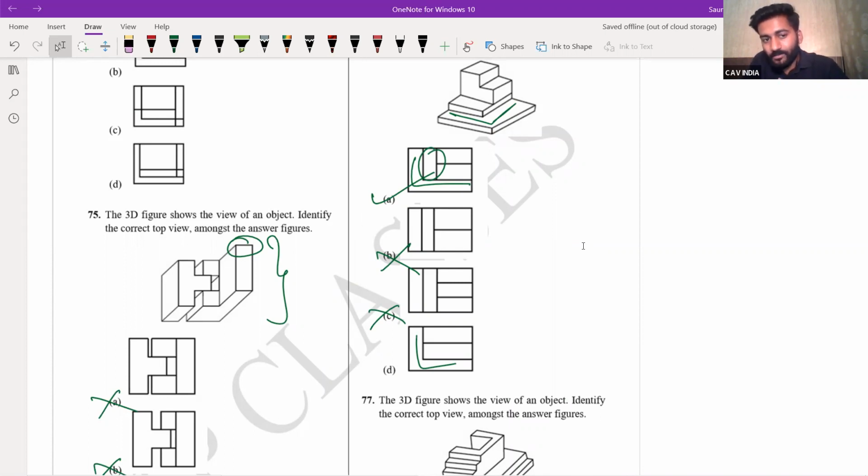Now, let's say you are not good at drawing, but you are well aware of the concepts of drawing. Then you will feel NATA is easier than JEE. But if you are very good at drawing, you can draw anything, but technical questions get difficult for you, then you will feel JEE is easier than NATA.